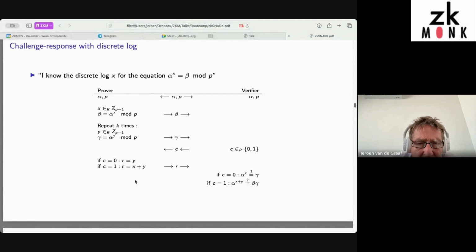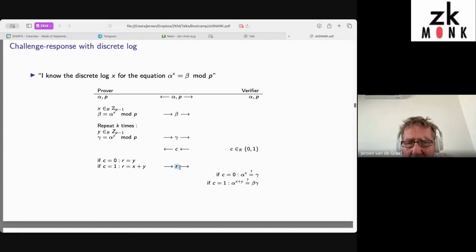So what you must understand is that it's using the value x. This value of x is being randomized using y, okay? And in the case that the verifier had sent a 1, then the verification procedure is going to be different. In that case, this r is equal to x plus y, okay?